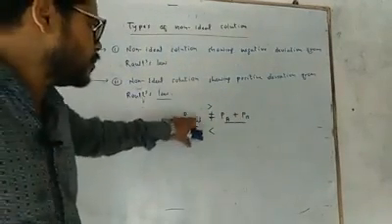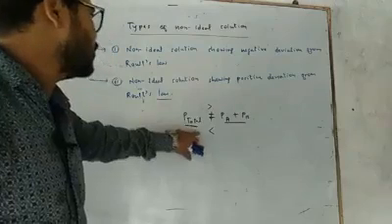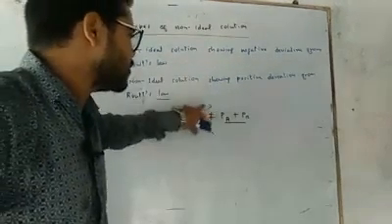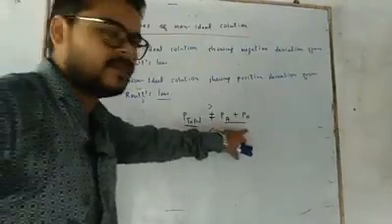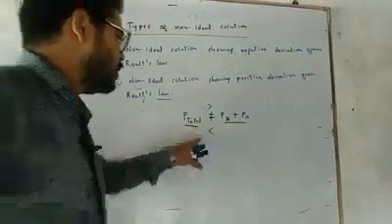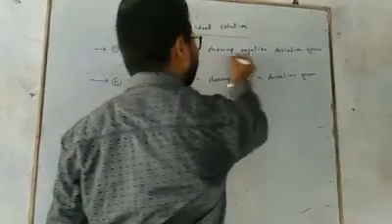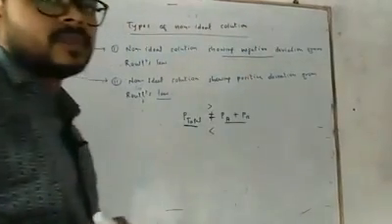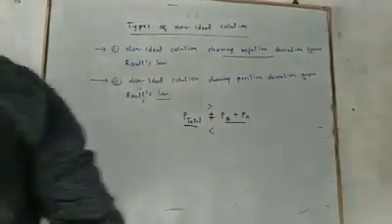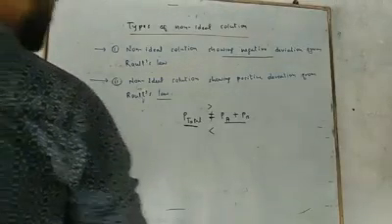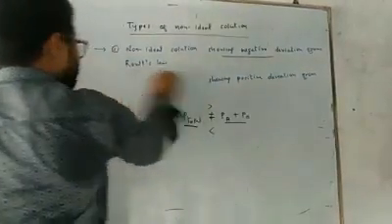If P total is greater than PA plus PB, we say it is a non-ideal solution showing positive deviation from Raoult's law. If P total is less than PA plus PB, we say it is a non-ideal solution showing negative deviation from Raoult's law. So put the heading non-ideal solution showing negative deviation from Raoult's law.